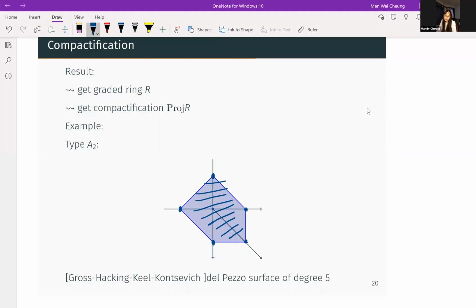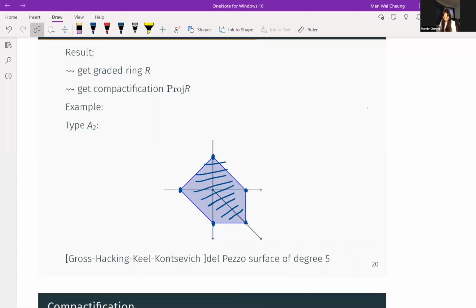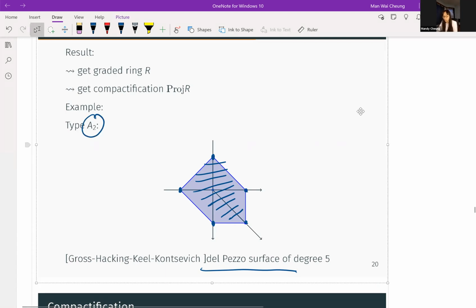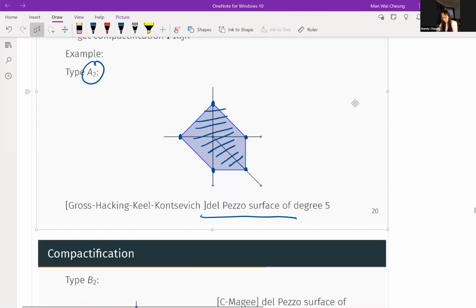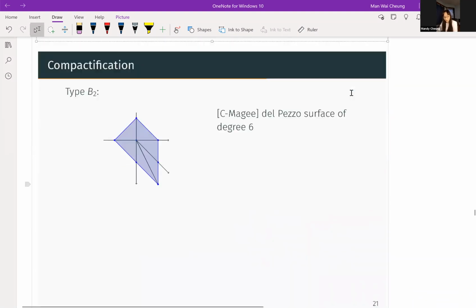I have 5 lattice points, or you can do all the calculation of the minus 1 curves, and then we can see here this is the del Pezzo surface of degree 5. And then once we have A2, like my work with Yushan, how about B2? And for B2, the scattering diagram is like this.